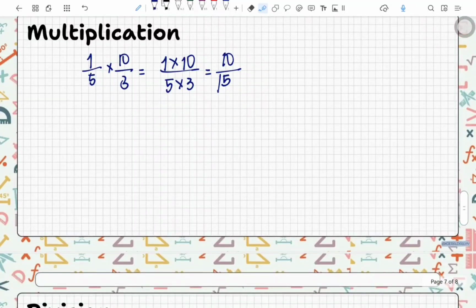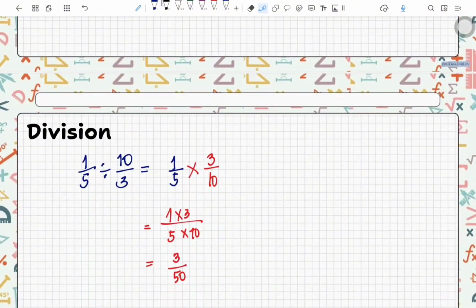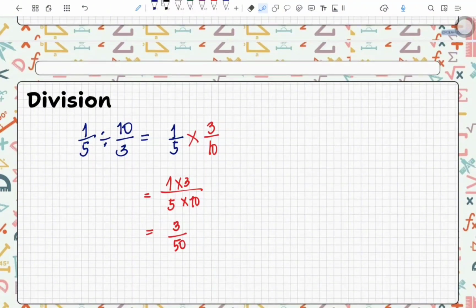For multiplication, on the other hand, we are just going to multiply the numerators together and then the denominators together. For division, we're going to get the reciprocal of the second fraction. That is, the numerator becomes the denominator, the denominator becomes the numerator, and then proceed to the multiplication rule.